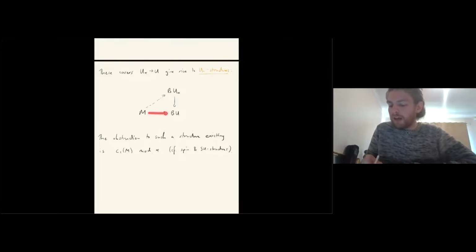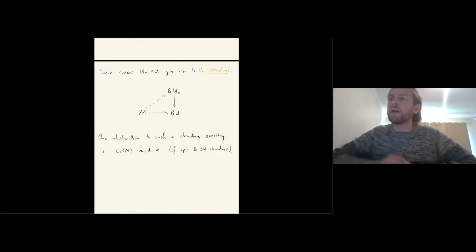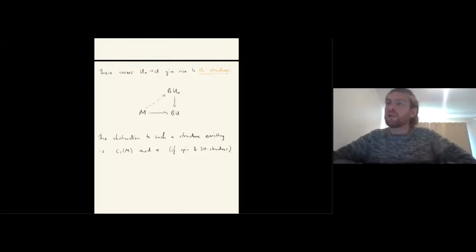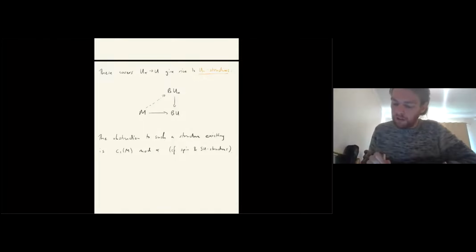So if we start with, say, a stably complex manifold, a stable complex structure, then a U alpha structure is a lift over this covering space of BU. And we were saying that G structures often have characteristic classes that are obstructions, and this has one as well.